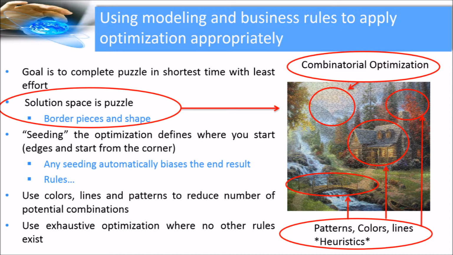Then, and only then, will I brute force solve the parts with no visual cues by trying all the different combinations. In business optimization, we do the same thing. We don't want to try all the combinations. We want to get to the best answer as quickly as possible. We use business rules or heuristics to direct the optimization for efficiency.